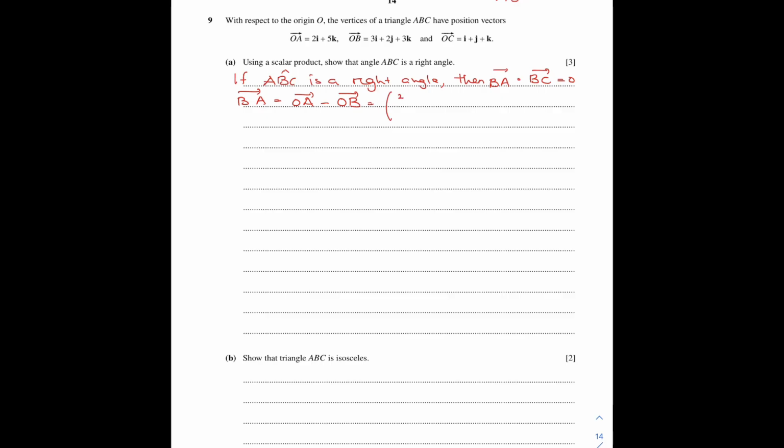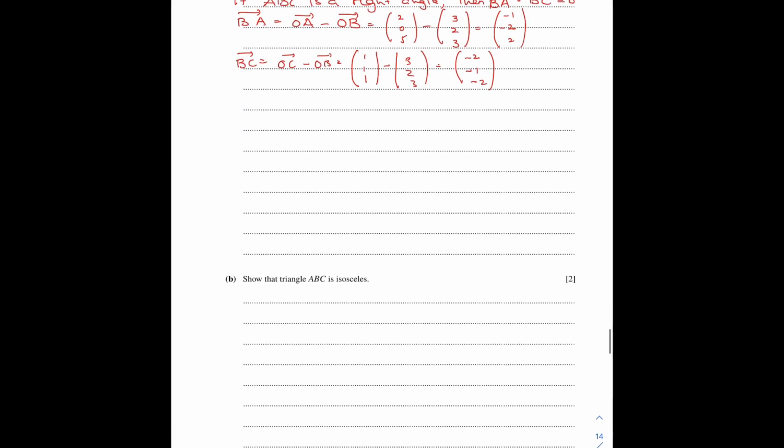So BA is OA minus OB, which is 2, 0, 5 minus 3, 2, 3. 2 minus 3 is negative 1, 0 minus 2 is negative 2, and 5 minus 3 is 2. Now BC. BC is OC minus OB. 1, 1, 1 minus 3, 2, 3. So 1 minus 3 is negative 2, 1 minus 2 is negative 1, 1 minus 3 is negative 2.